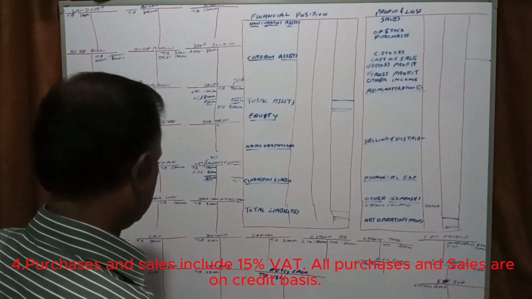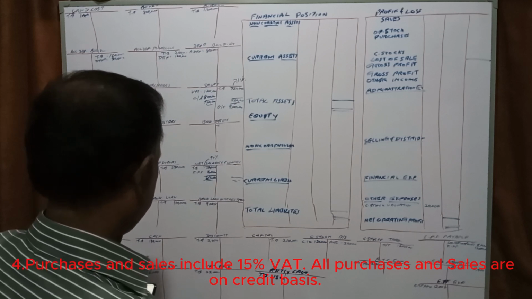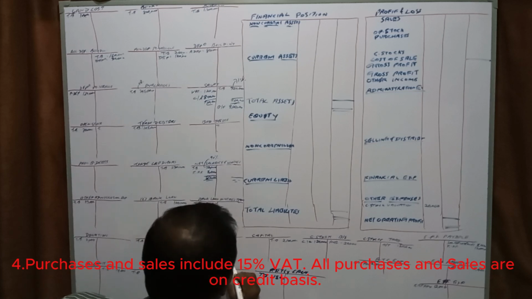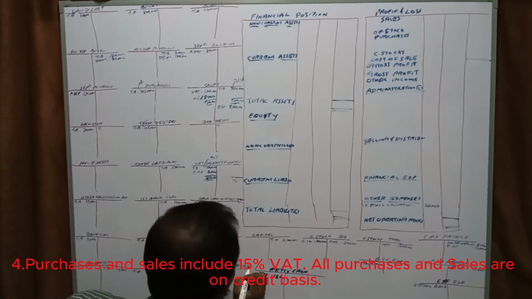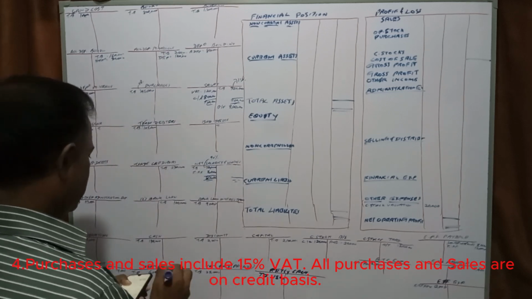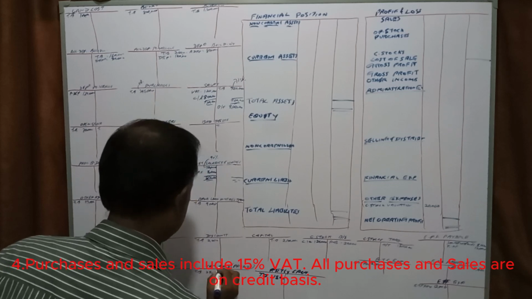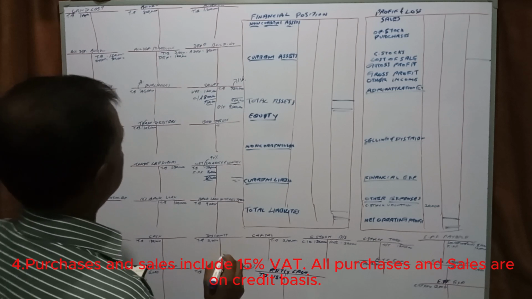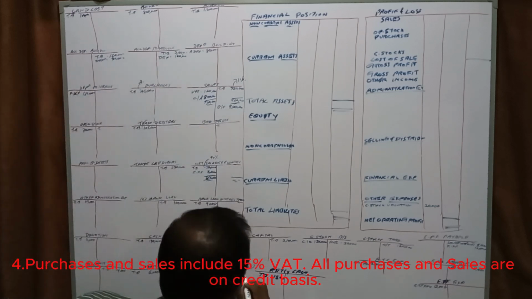The VAT account is there. We have to make it as a payable. The VAT payable account is credited by sales 120,000.